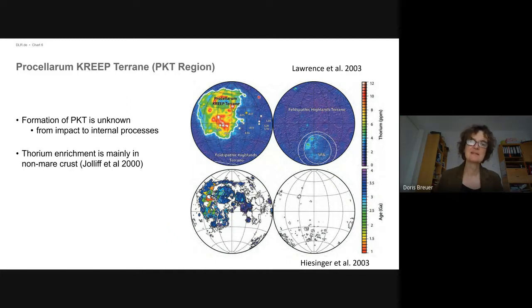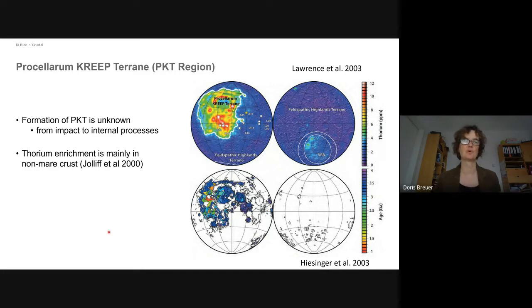This is basically the same region where we also have the volcanic activity, as you can see here. But nevertheless, what's interesting and important for the discussion of how the Pikati is built is that the thorium enrichment is mainly in the non-Mare crust, which you can't really see when comparing that.